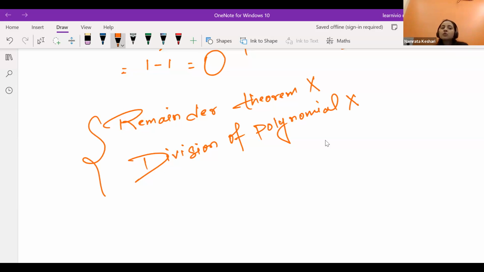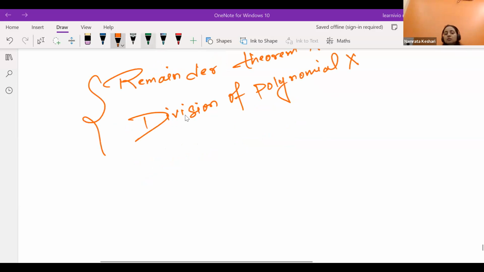So you already know how to do the division. I know it's not there in your syllabus. Since we are going to solve questions related to factor theorem, that's why I have cut it. Factor theorem is there. Since we are going to discuss factor theorem, these two concepts you must know.